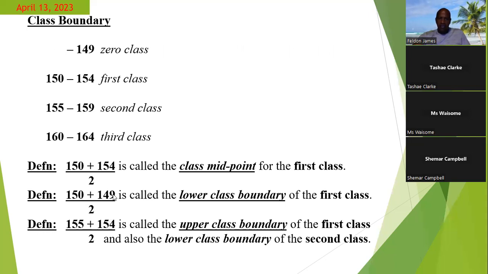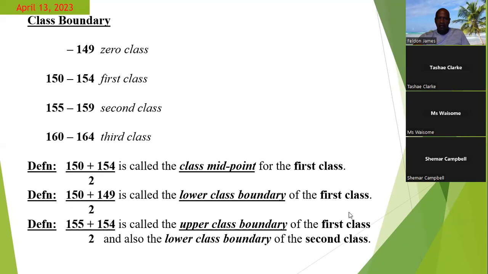No, you take 149.5 from 154.5. They're boundary values, you know. Remember that the boundary values don't have anything to do with the left values. Only the boundary values. All right. You follow?